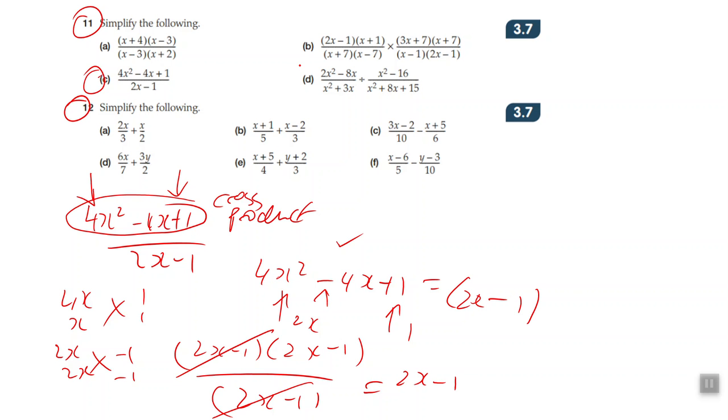Okay. For question 12c, we're just combining the two fractions together. So we've got 3x minus 2 on 10 minus x plus 5 over 6. Now, I need to get the denominators the same. So the lowest number that they both go into is 30.